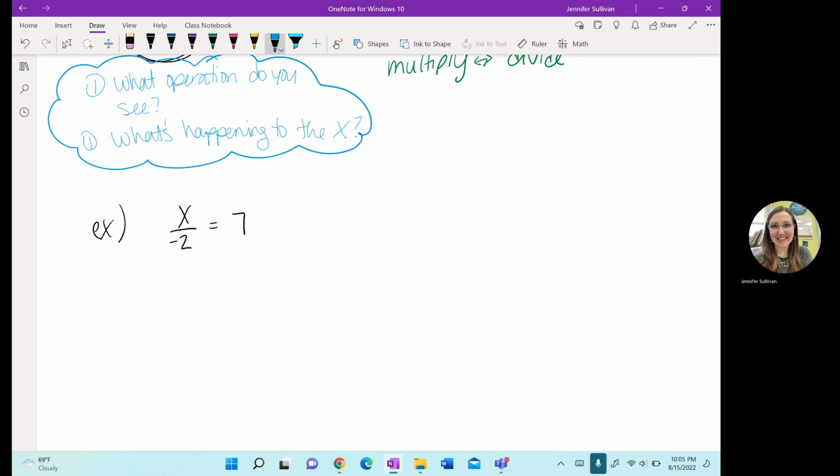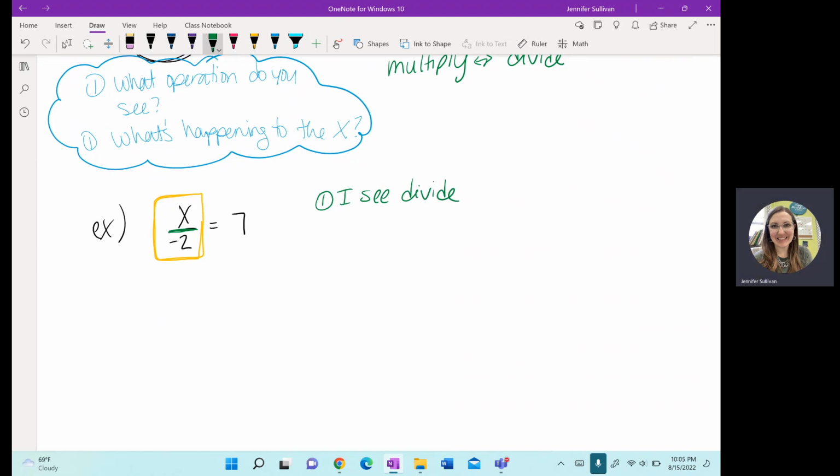Now, I make you start there. Please don't tell me multiply right now, okay? I want you to tell me over here, here's my x. What operation do you see? Well, I see this bar here, which tells me that I'm dividing. So I see divide.